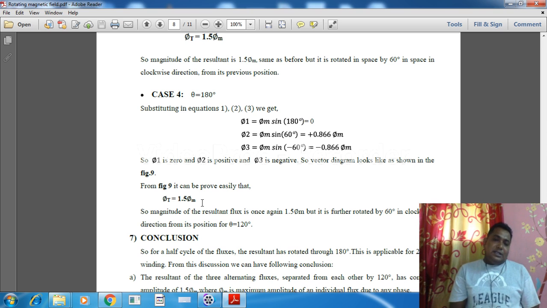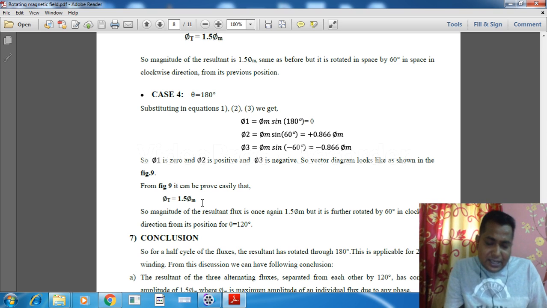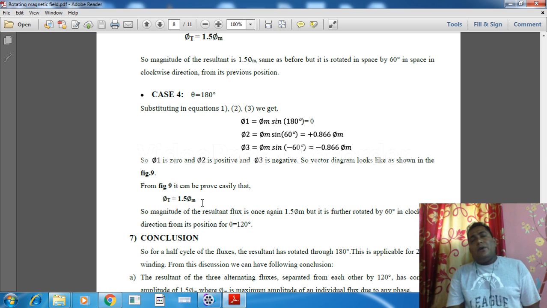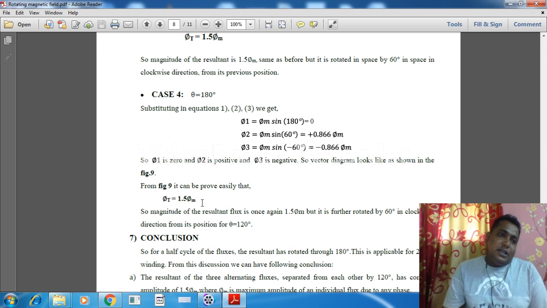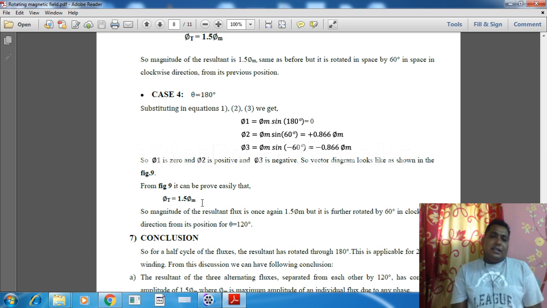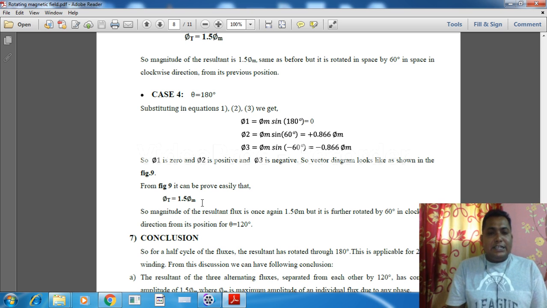This is one of the many advantages for which the induction motor is very popular nowadays. Whatever maximum flux is produced, the resultant flux is 1.5 times that maximum flux. So it is very advantageous for the three-phase induction motor.